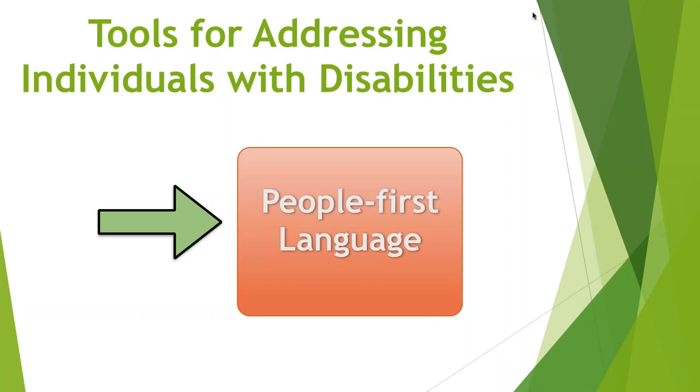It's not a deficit or a disease. So, for example, saying that someone is afflicted with autism is really sending the message that it's a disease, that it's a deficit.